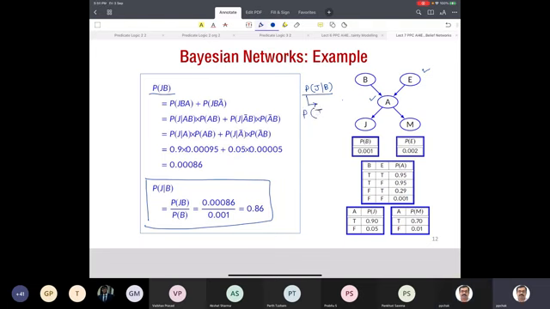P(J, B) has four mutually exclusive cases: P(J, A, B, E) plus P(J, A, B, E bar) plus P(J, A bar, B, E) plus P(J, A bar, B, E bar). Can you quickly do this and tell me whether the answer is coming out correctly or not?